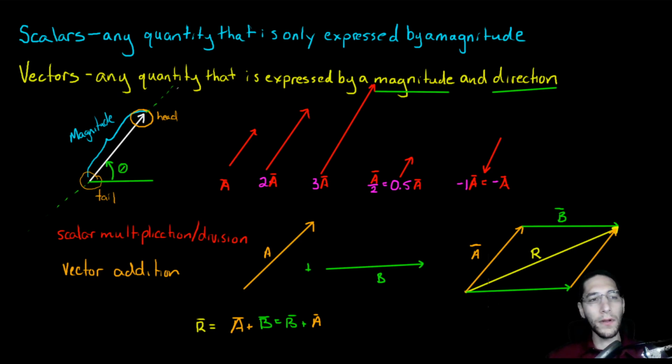Now, if you look closely, this right here is going to be a parallelogram. And when we start to analyze these systems, we're going to use properties of parallelograms in order to figure out what angles are, side lengths are, all types of good stuff.